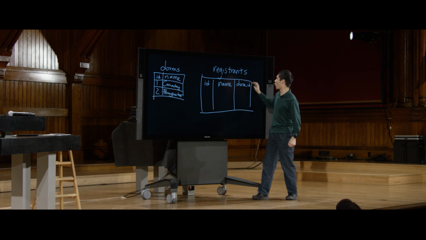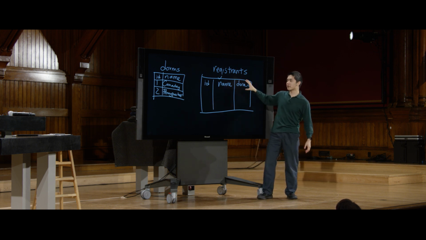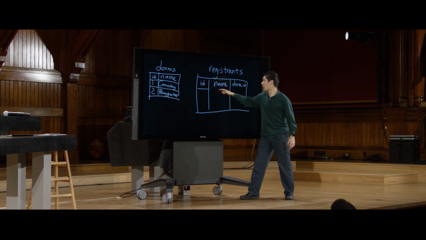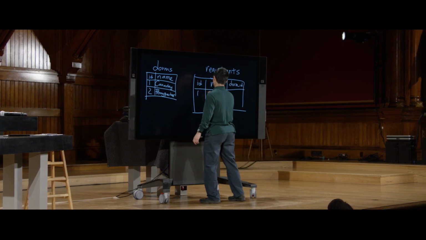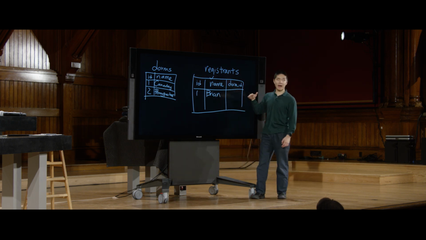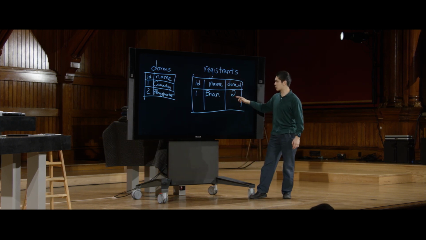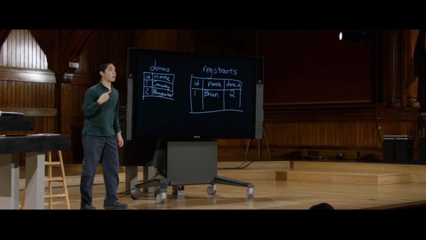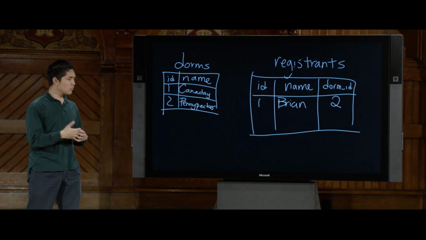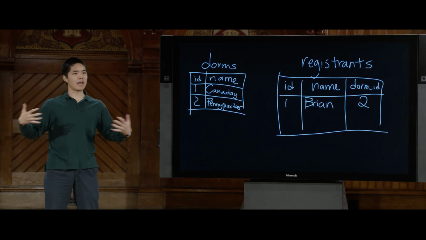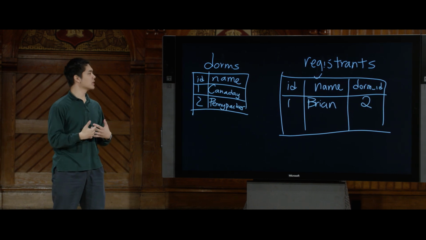This is what we would call a foreign key, saying this is going to reference the primary key of the dorms table. Rather than write Pennypacker as the dorm ID, if ID 1 is Brian and I lived in Pennypacker, I could just say 2, meaning reference the thing that has ID 2 inside of the dorms table. Then, using what we call a SQL join, I could actually join these tables together and get the information that I wanted.